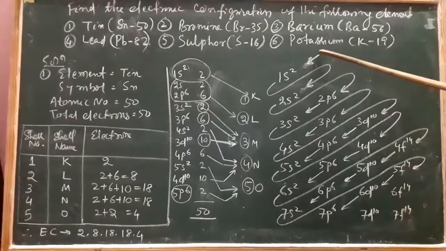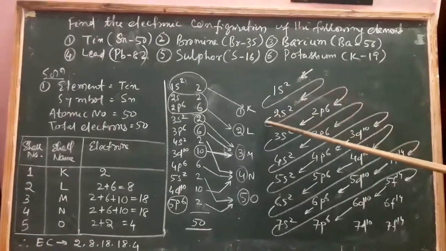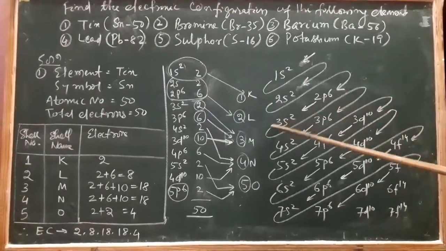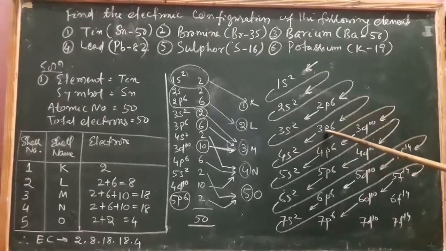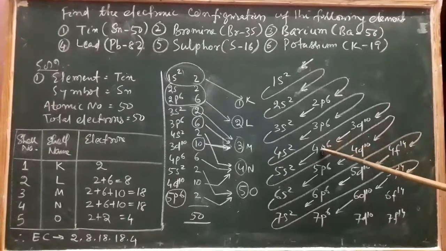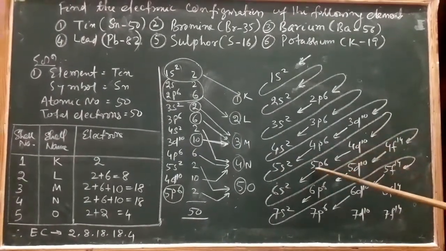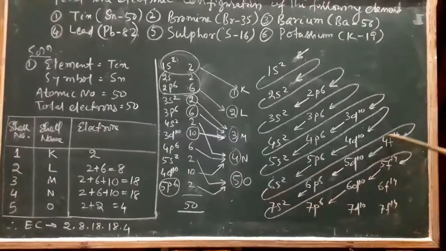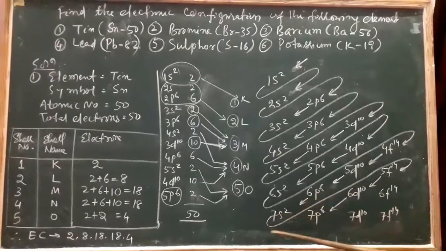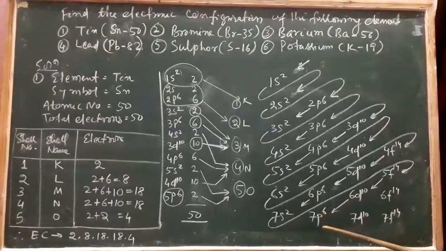This is the arrow mark I gave. After 1s2 comes 2s2, then 2p6, then 3s2, 3p6, 4s2, then 3d10, 4p6, 5s2, then 4d10, 5p6, 6s2, then 4f14, 5d10, 6p6, 7s2, 5f14, 6d10, 7p6 and so on.